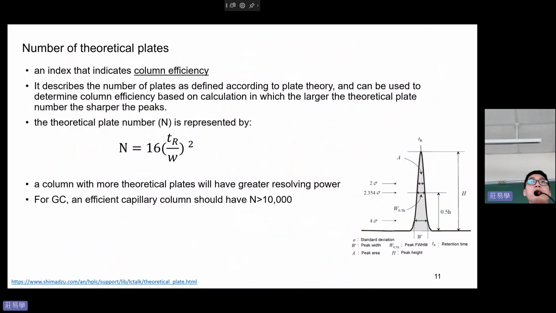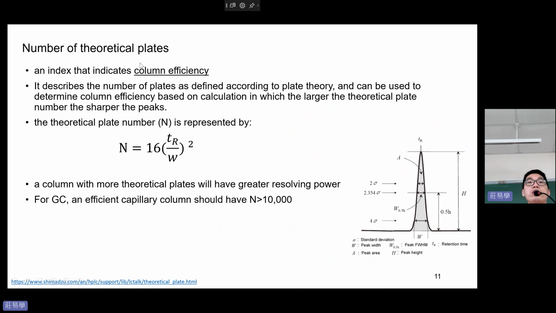All right. And so after talking about the four important factors related to chromatography separation, the next thing I want to introduce is a theory related to chromatography. This theory is the number of theoretical plates.